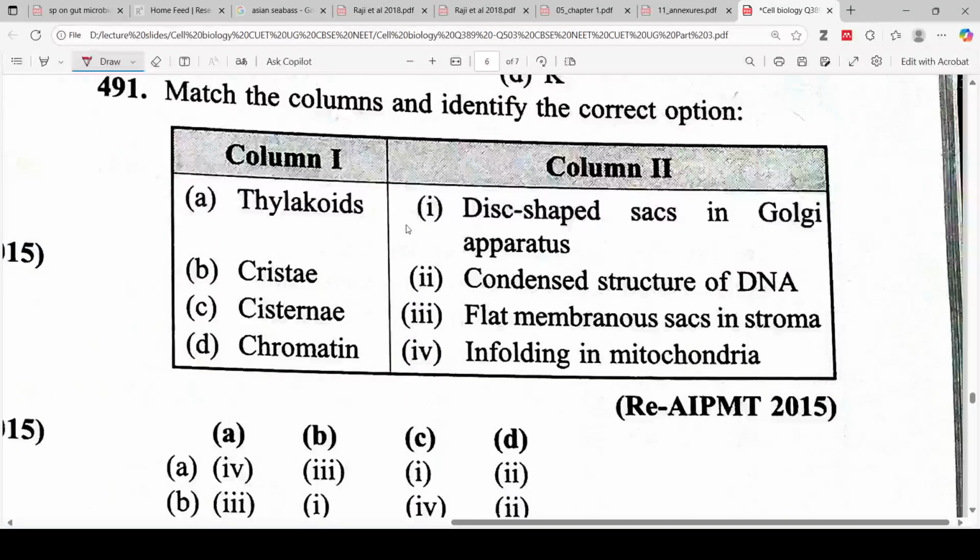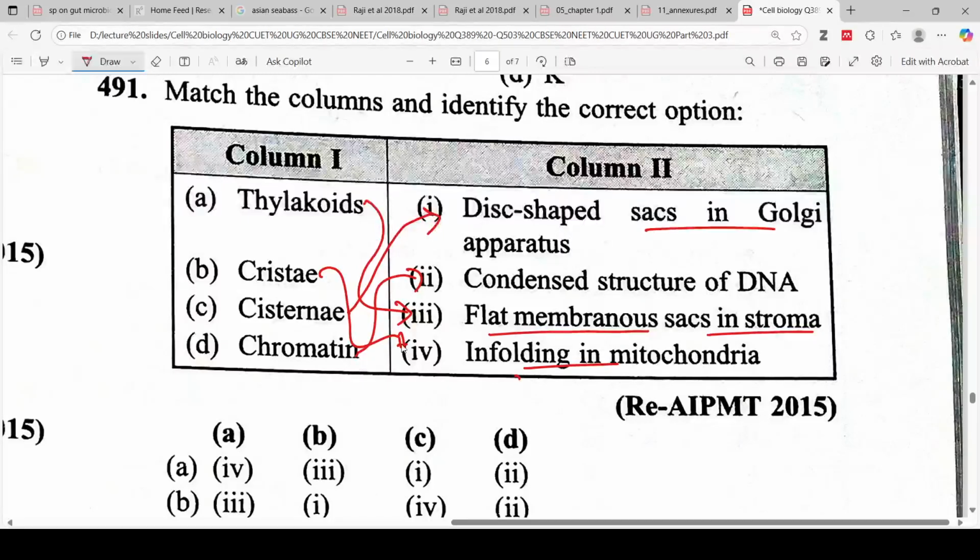Again, match and identify the correct answer. Thylakoids are flat, stacked membranous structures, cristae are enfoldings in the mitochondria, cisternae are disc-shaped sacs in the Golgi, and chromatin is condensed DNA.